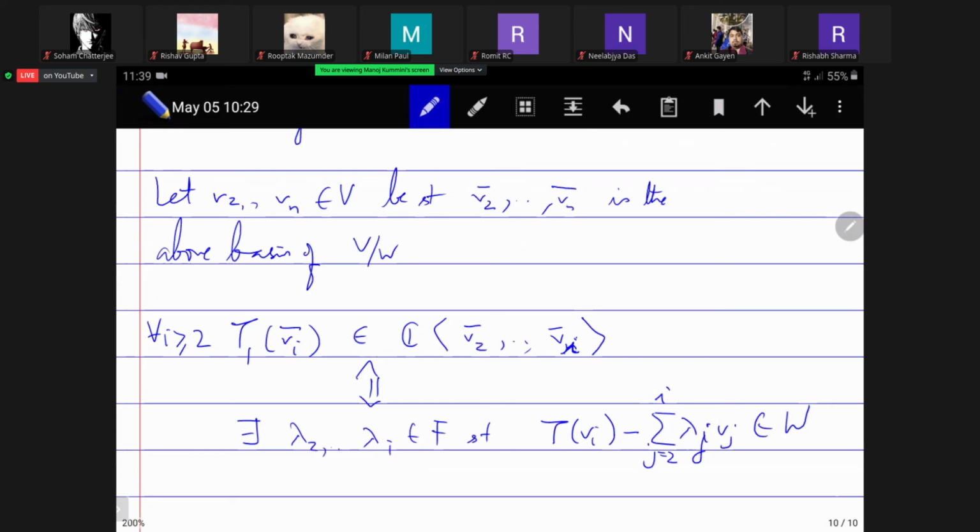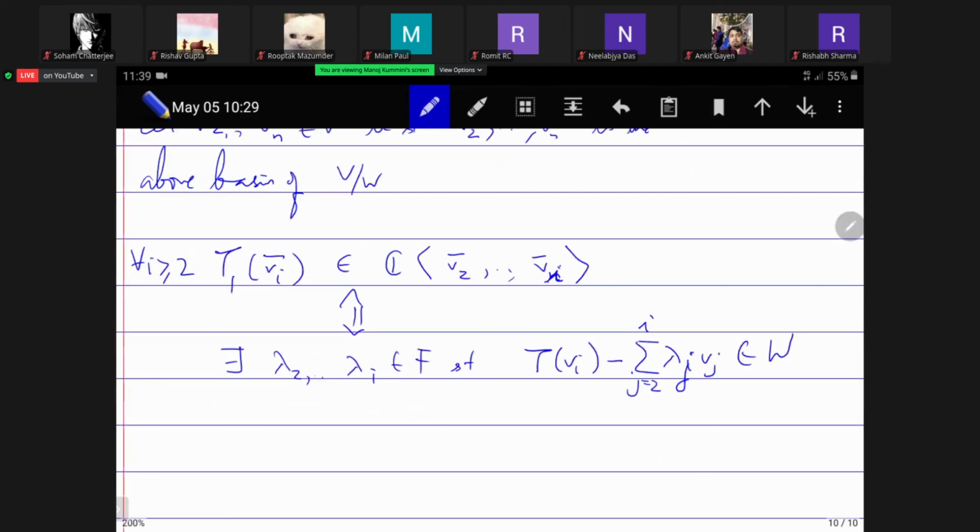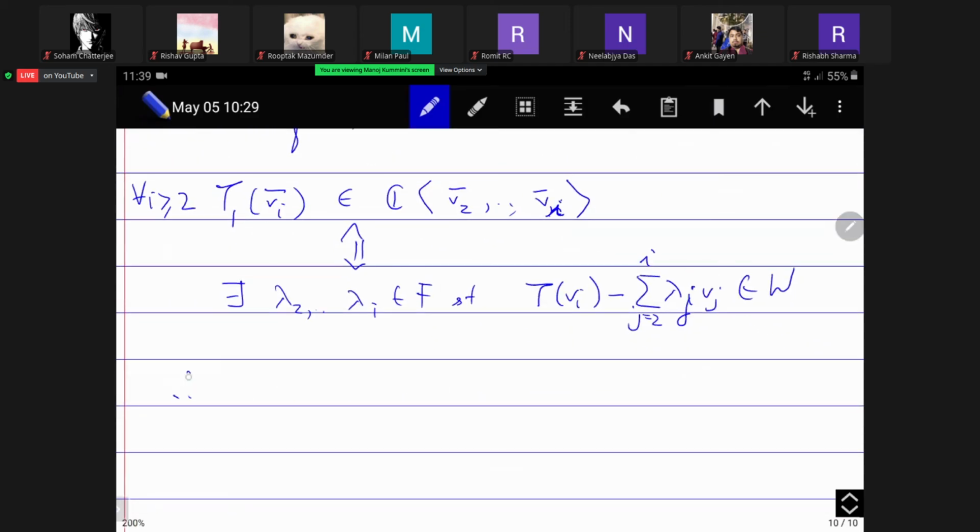Now look at the same relation without the bar. That will just say that the difference must lie inside W, the one that went to 0. So this is true for every one of those, and therefore, with respect to V1 up to Vn, T is triangular.